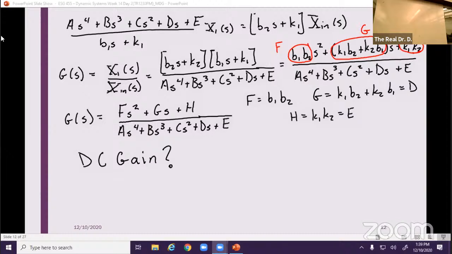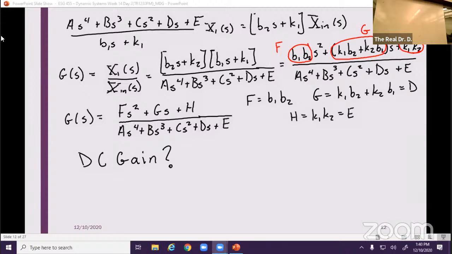H over E, 100%. Nailed it, Olivia. Why, though? How do we find the DC gain? Yeah, you plug the zeros in for s, right? Because DC gain is synonymous with the steady state gain. And what is special about steady state is we are not changing as a function of time.